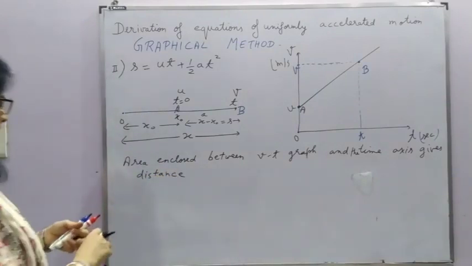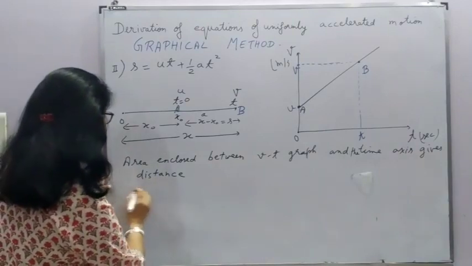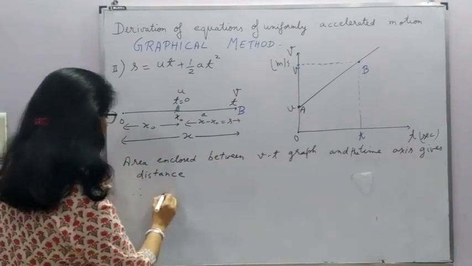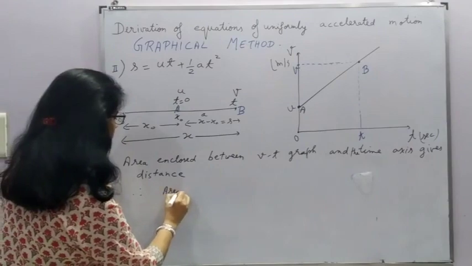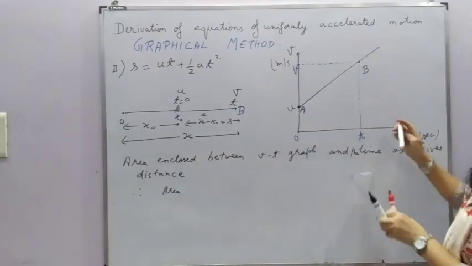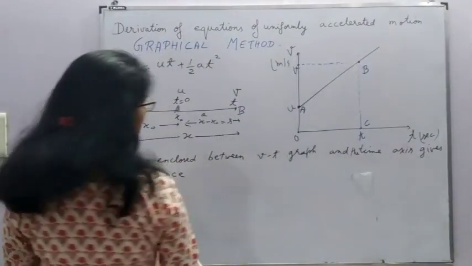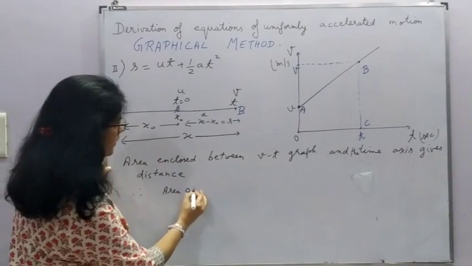So how to find the area? Therefore, from the figure, if I mark this point as C, the area is OABC.